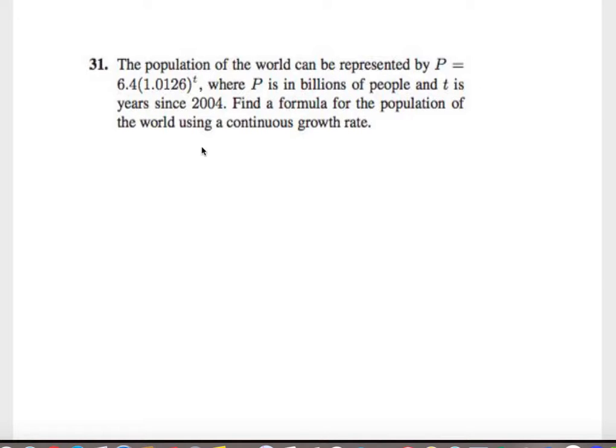Question 31. So the population of the world can be presented as 6.4 times 1.0126 raised to the t. So using a continuous growth rate, this right here is our a, so we know that k would be equal to ln of a, so that's going to be equal to the ln of 1.0126.